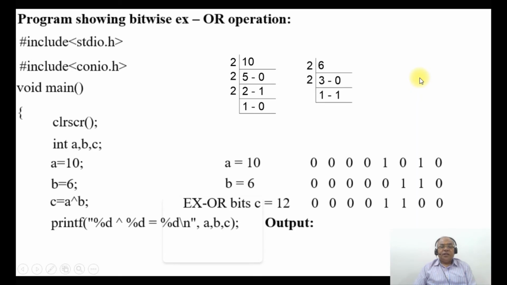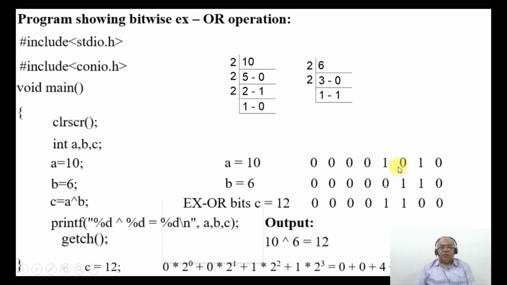So that is correct. So printf("%d bitwise XOR %d equals %d\n", a, b, c). The output will be a 10 bitwise XOR 6, which will be equal to 12. So how are we going to explain that? 1100.